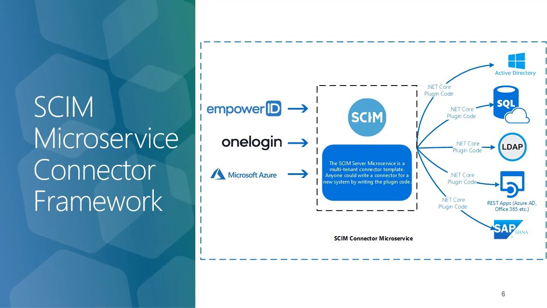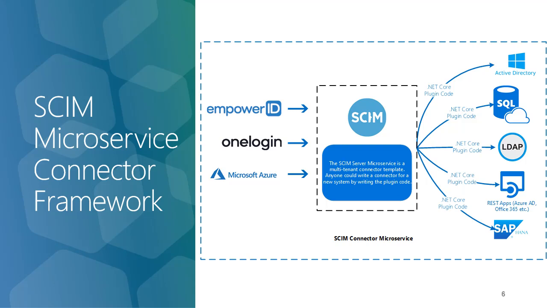Now, many systems do not support SCIM yet, and EmpowerID has come up with an innovative solution to make these systems SCIM compliant and therefore able to be accessed by any SCIM supporting system and to participate in a more flexible landscape. EmpowerID has developed what is known as the SCIM Server Microservice Connector Framework.